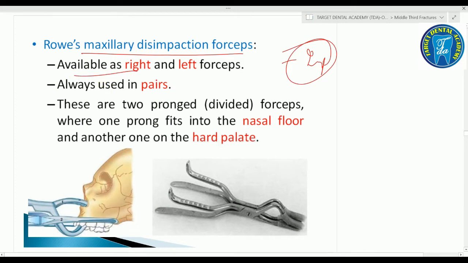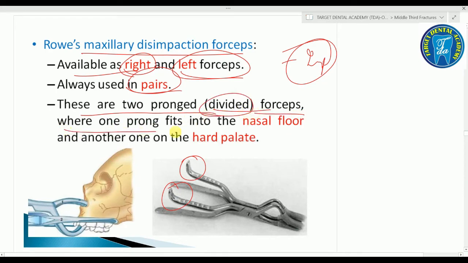These are available as right and left forceps, and they always come in pairs and are always used in pairs. There are two prongs: one prong fits into the nasal floor, and the other prong fits into the hard palate.